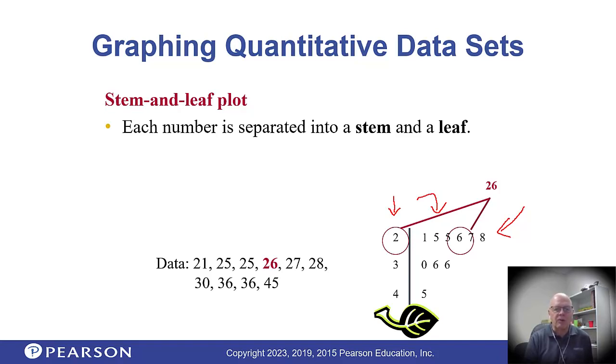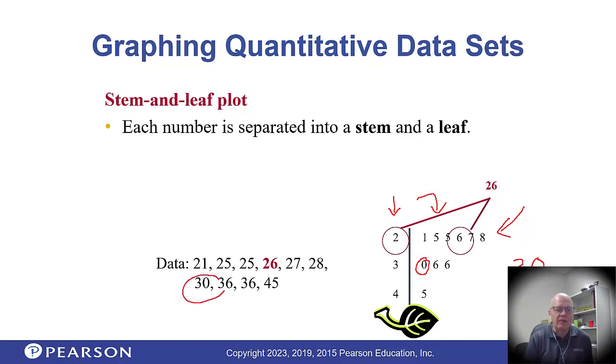So, for example, if we look at this right here, the 3 is a stem, so it came from 3, and the 0 is the leaf, so the 0 belongs there. That's where this particular piece of data came from, a 30.